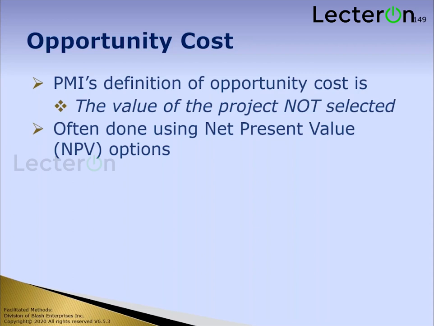So if A had a net present value of something, and B and C and D, and I selected A, B, and D, what's the opportunity cost? It would be the net present value of C, the one you did not select. And that's all it is. See, opportunity cost is what opportunity did you miss by not selecting that particular project.